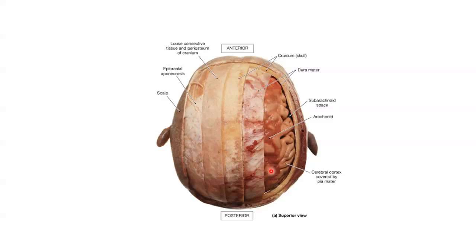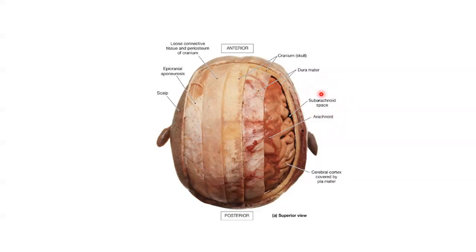Moving internally, our next layer is our arachnoid mater. So arachnoid refers to spider. It's referring to the spider web-like texture of the collagen and the elastin fibers in this membrane. In the space between our arachnoid and our pia mater, we have a space called the subarachnoid space, so here.